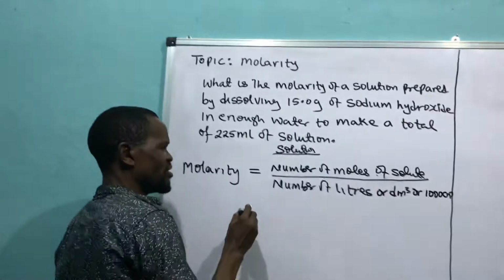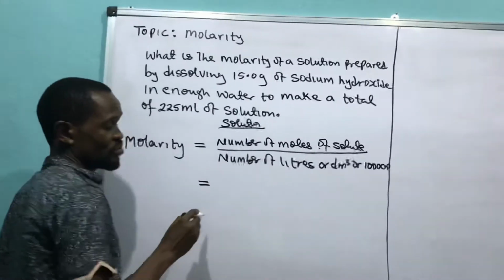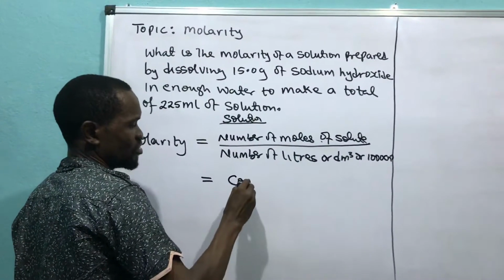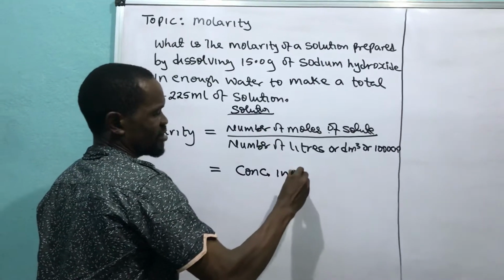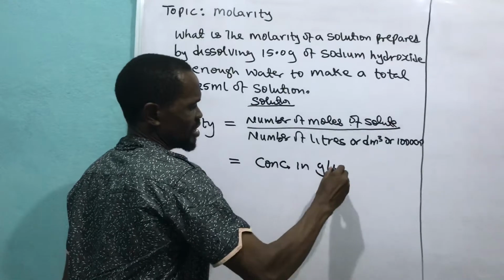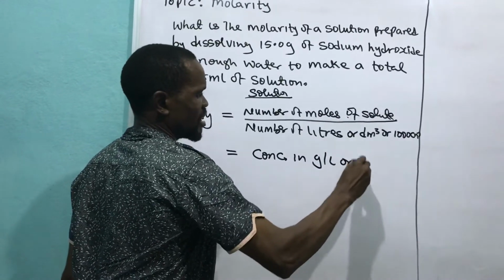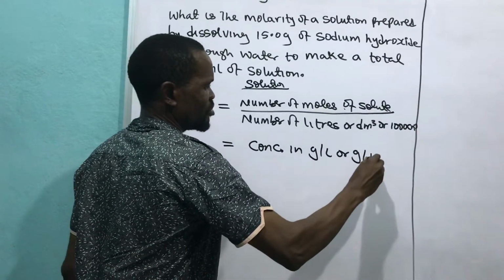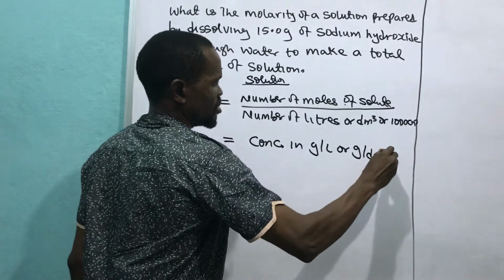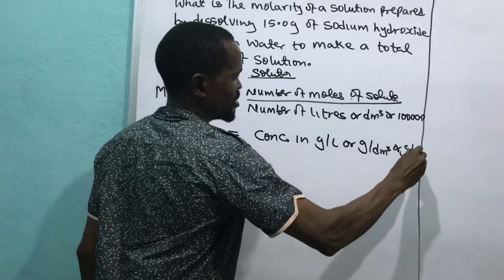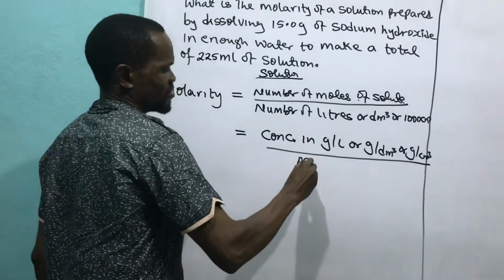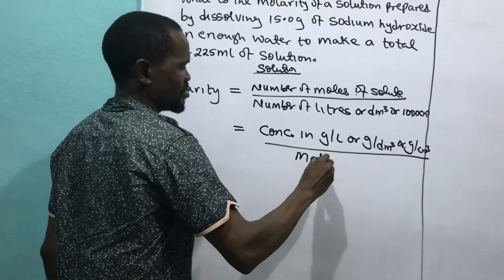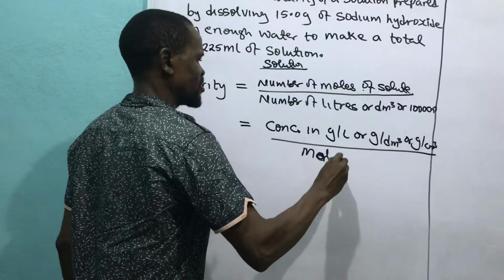The same molarity is equal to the concentration, this means concentration in gram per liter, or gram per dm cubed, or gram per cm cubed, all over molar mass.